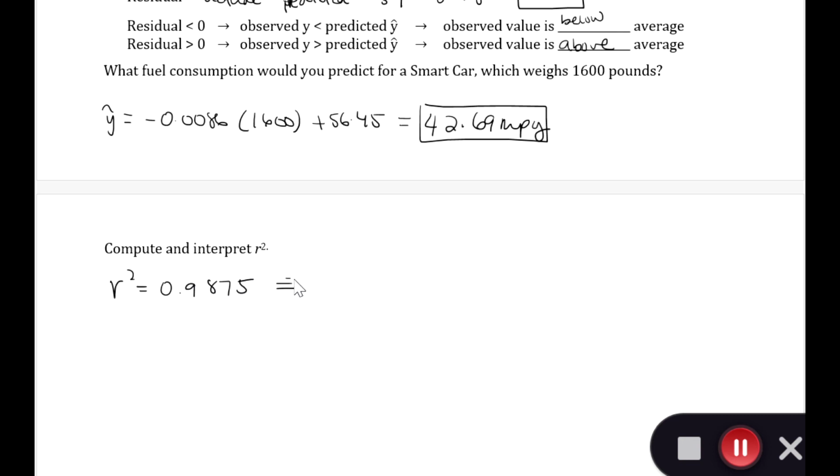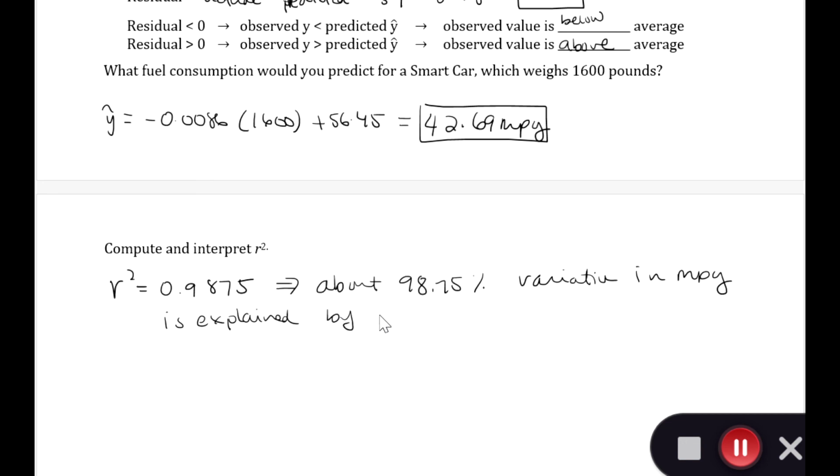Okay. And this means, to interpret it, that about 97.85% of the variation in miles per gallon is explained by the least squares regression using weight as the explanatory variable.